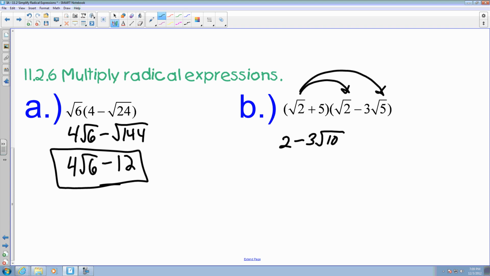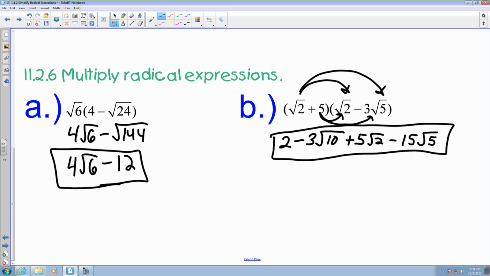Then now I got 5, so that'll be plus 5 times the square root of 2, and we got 5 times negative 3 times the square root of 5, which gives me negative 15 times the square root of 5. And as I look at this, I can't see any other way to simplify it anymore, so there's my answer.